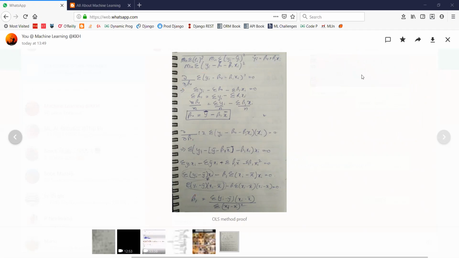So I'm not going into the mathematical derivation line by line. The derivative of this equation squared gives 2 times the summation of yi minus something. The 2 is not important, so that's why I removed it.